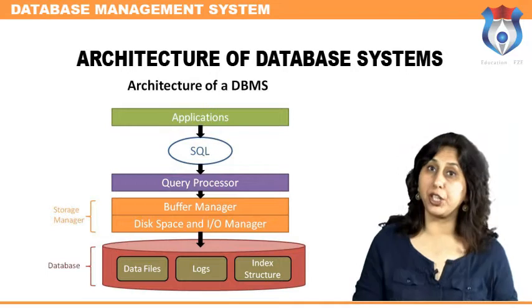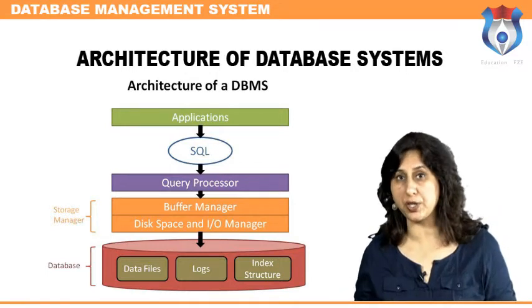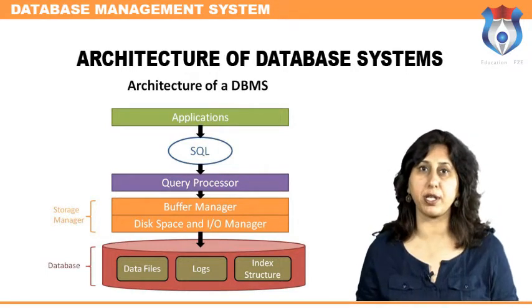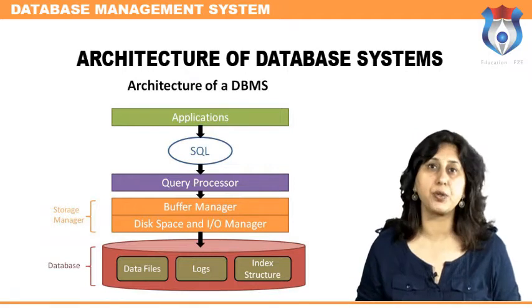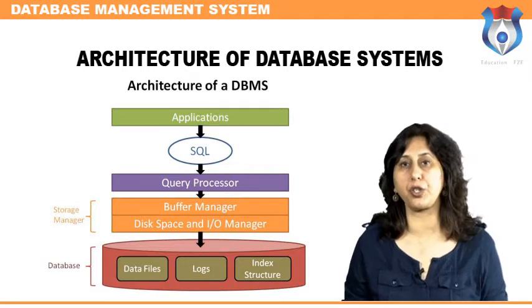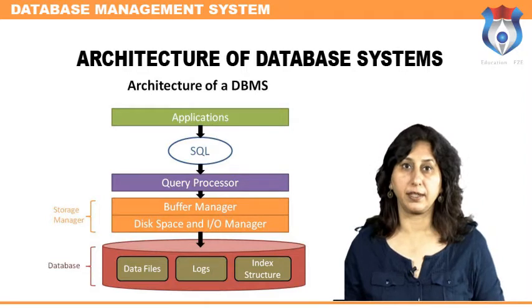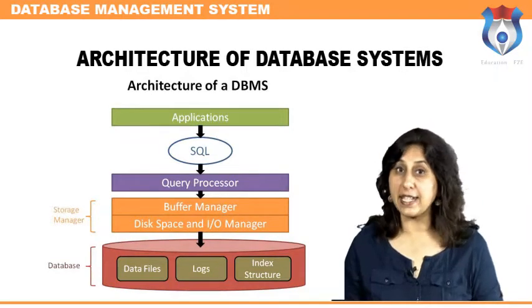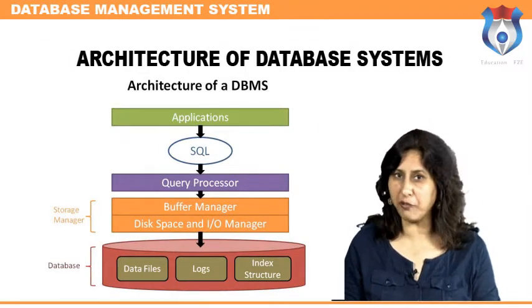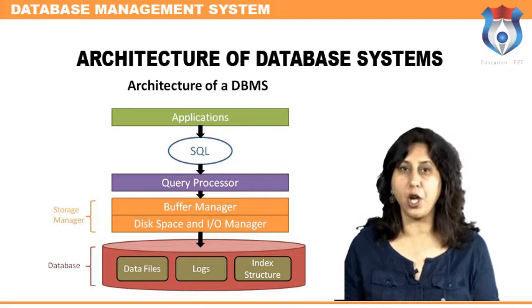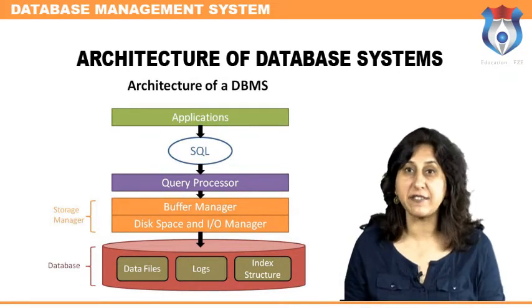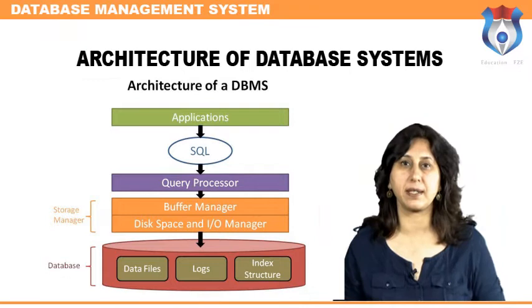It converts a user query into instructions the DBMS can process efficiently, taking into account the current structure of the database. The transaction manager. It ensures that the execution of possibly many transactions on the DBMS satisfies the ACID properties.